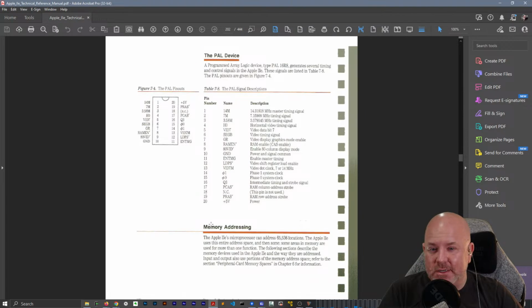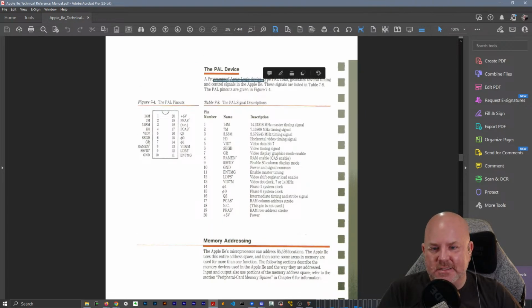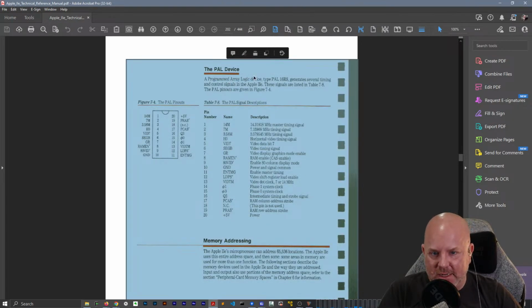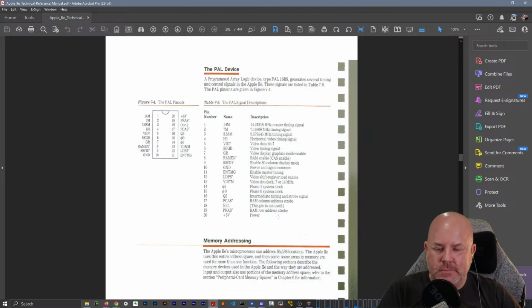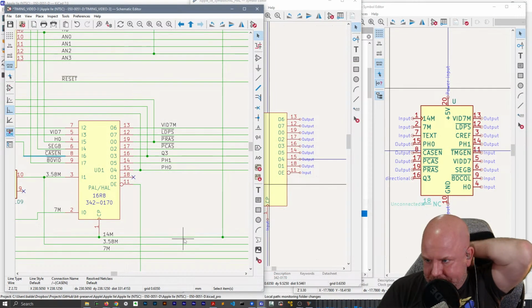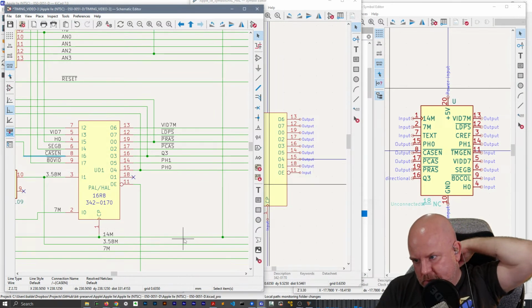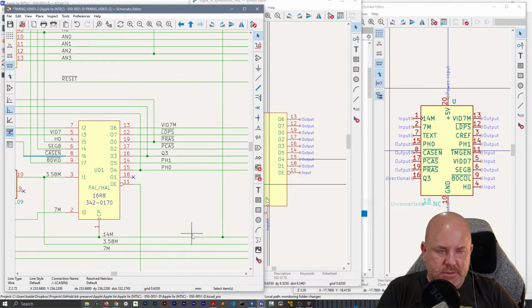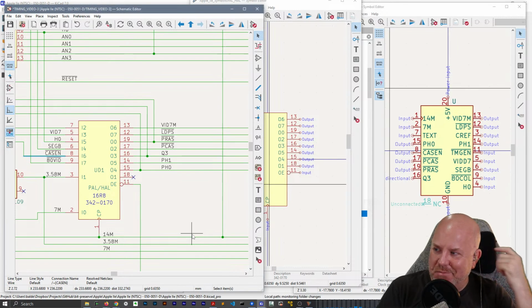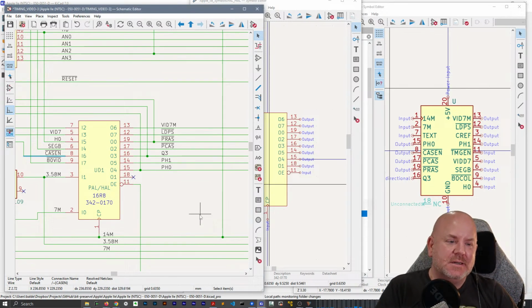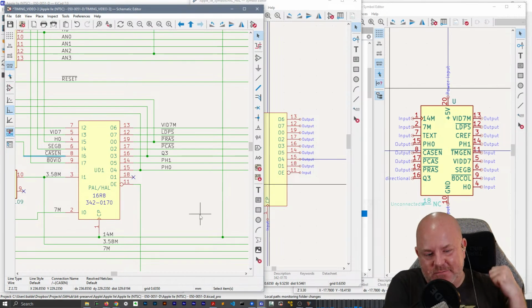Yeah, see, they're calling it a programmed array logic, not a programmable array logic. But anyway, they're masked. I think they just changed the name on the 2C maybe to even confuse people. But TMG is timing generator, so it makes more sense than HAL or PAL.